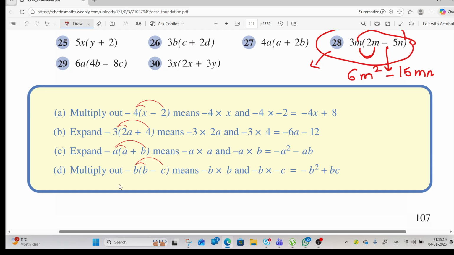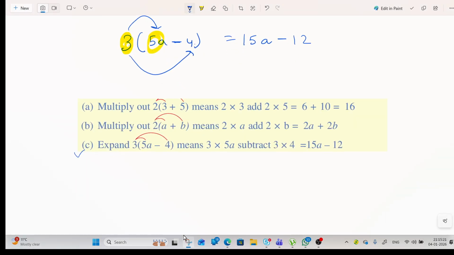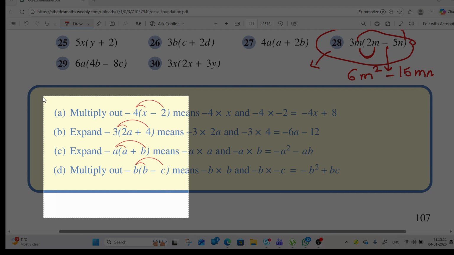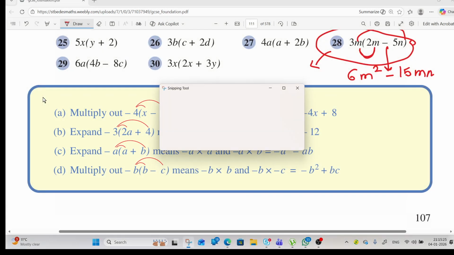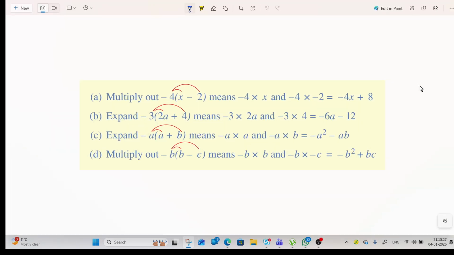Let's say if there is some negative number, or if signs are different, how do we do that? Like if you take this example, we know first we multiply this with the first term, right? So negative 4 times x is a negative number, we learned this, right?